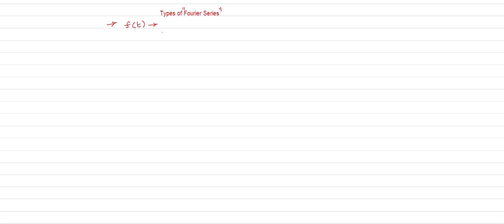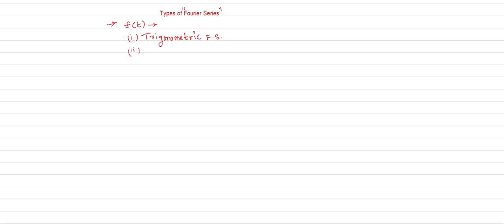So depends on the representation of your orthogonal signals, we classify the Fourier series into three categories, into three types. The number one is trigonometric Fourier series expansion, that is the first one.